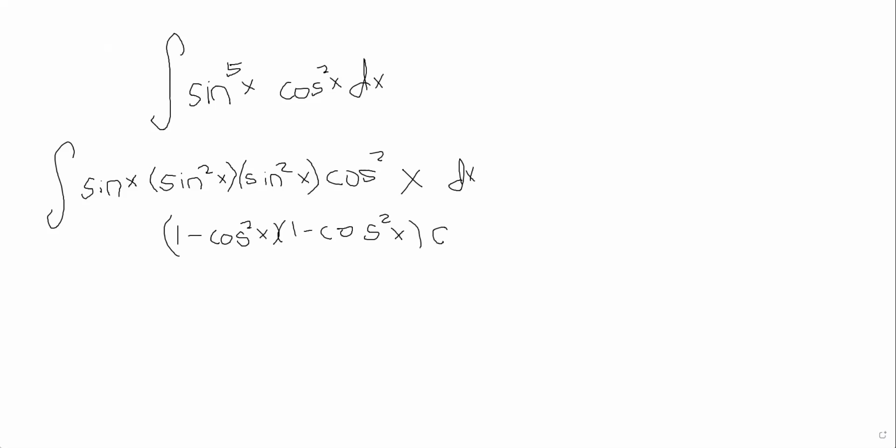What do we want to do after this step right here? Well, we have a sine x and a cosine squared x, so I think we're going to need to expand this.